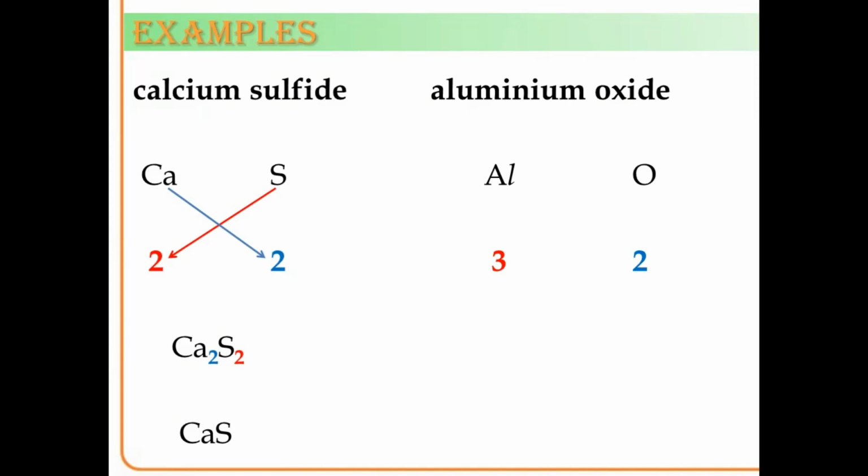Oxygen is in group 6, so the valence is 2. I crisscross the valencies. And then after that, I write down the formula Al2O3. This one does not need to be simplified, still going to be Al2O3.